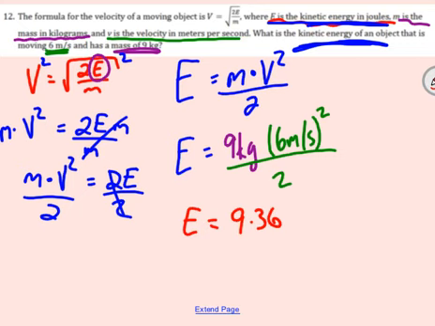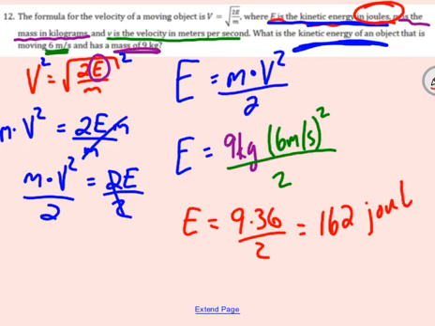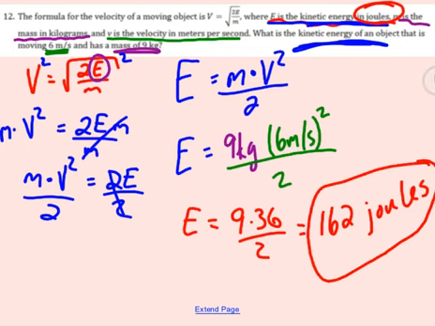If you square the 6, it's that, divide by 2. Then I would probably get 162 if you did that correctly. So this is 162. And as a lazy mathematician, we just need to know it's in joules. So the kinetic energy was 162 joules.